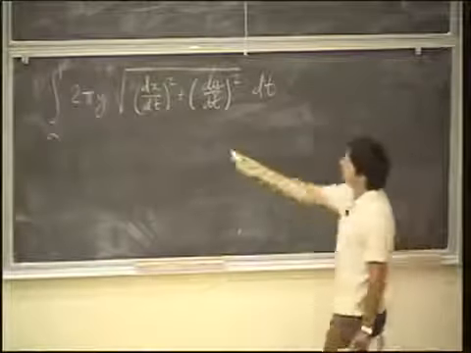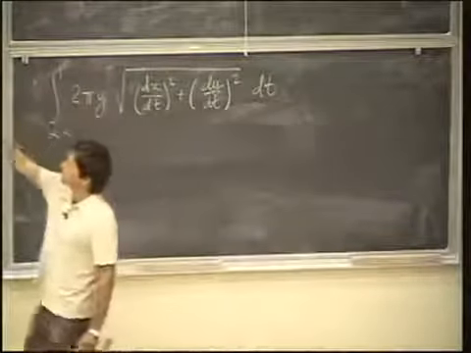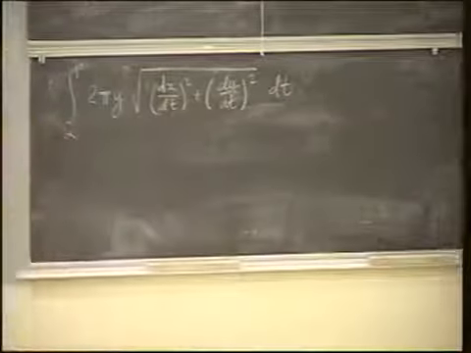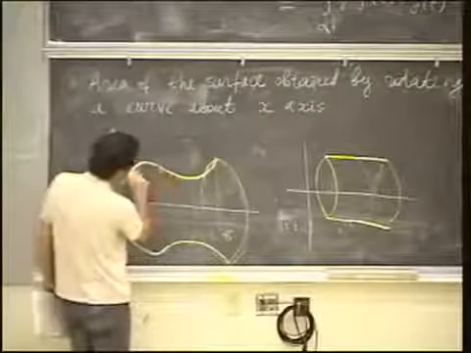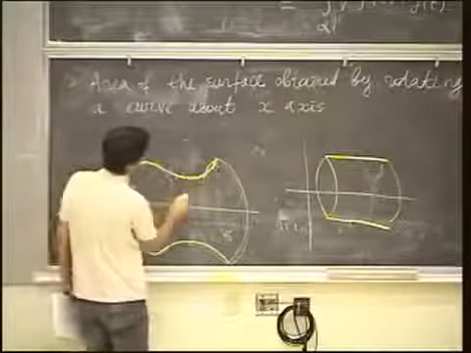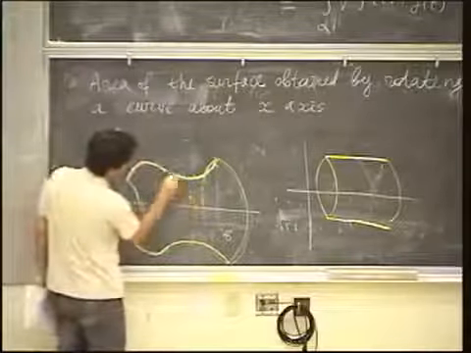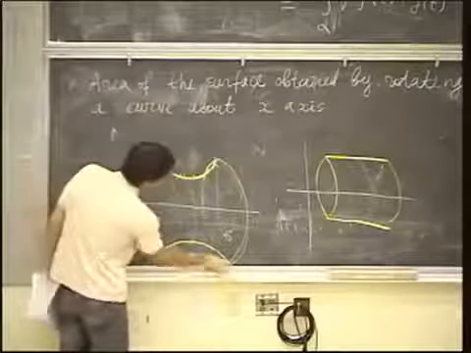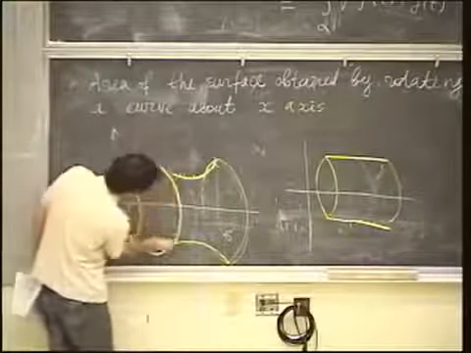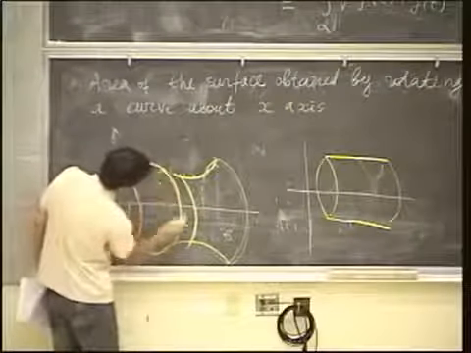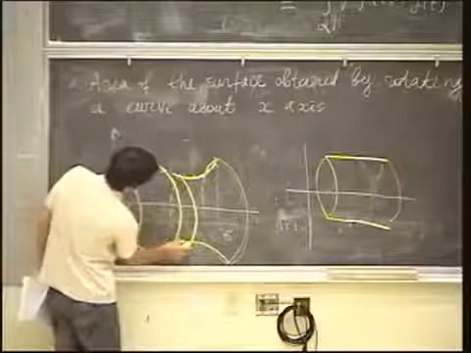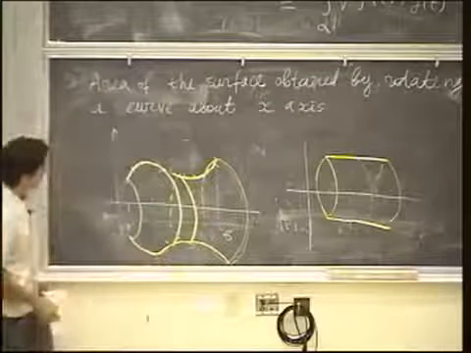Okay, and where does this formula come from? Well, it comes in exactly the same way. Just like here, I have to break everything into small pieces. So I break the curve into small pieces, and then for each small piece, I'm going to end up with a little cylinder on this surface, which looks like this. It almost looks like a cylinder.